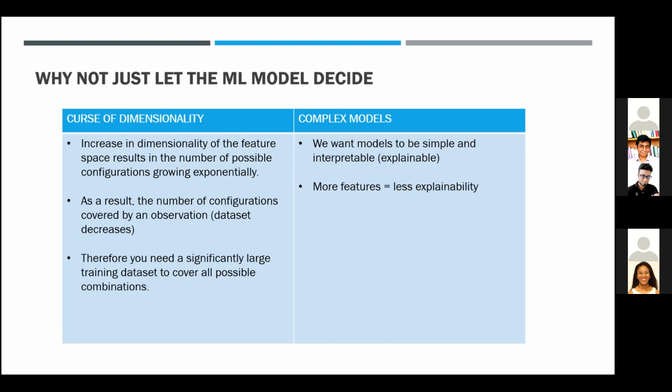Another reason why we wouldn't want to just shove all our features into a machine learning model is because when we build models, we want to build a model that is, firstly, simple and interpretable. If your model can be interpreted and you can explain what it does and how it predicts from your set of inputs, it makes it explainable, and it also makes it easy for you to diagnose and improve on that model.